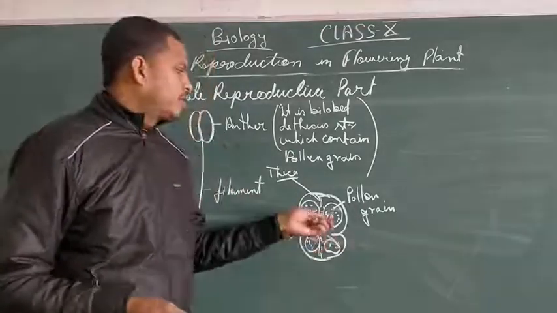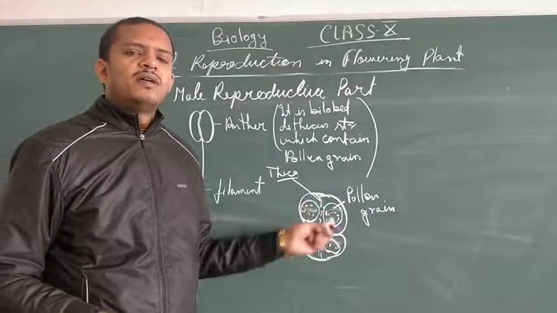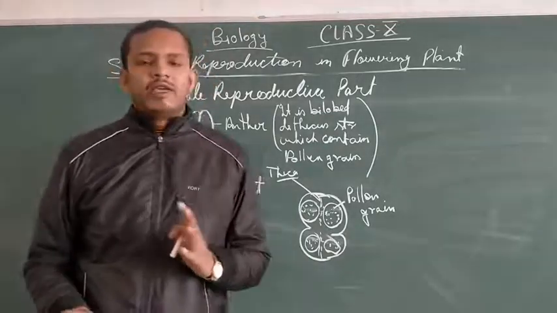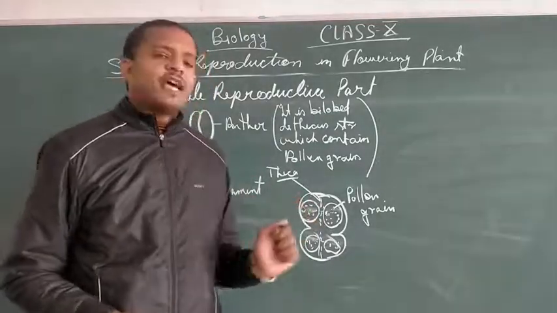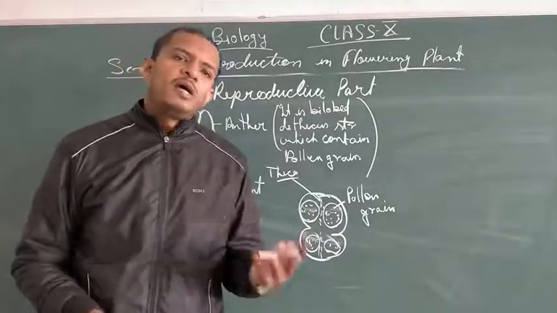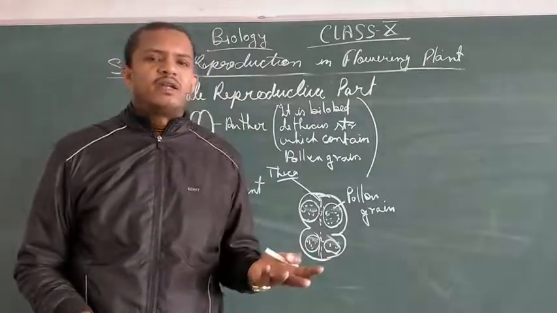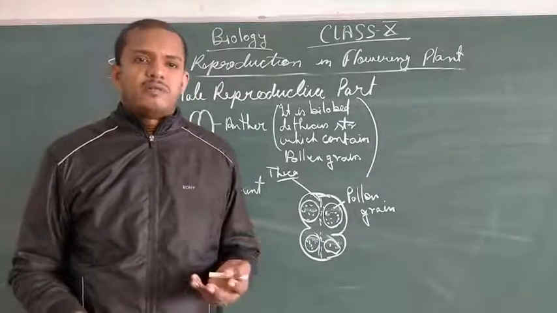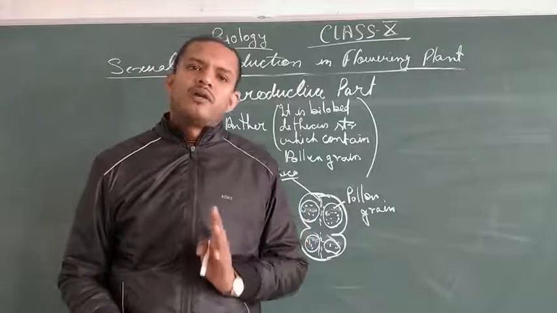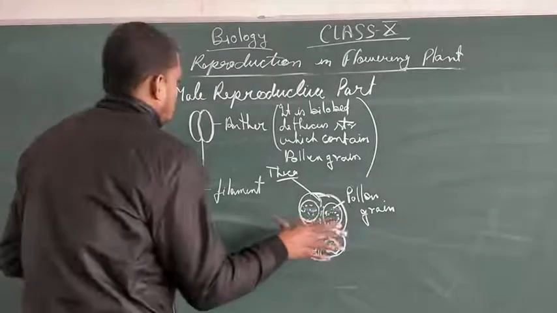With the help of different kinds of pollinating agents, they transfer from one flower to another, from the anther of one flower to the stigma of another flower, or onto the stigma of the same flower, and cause fertilization and reproduction. So this is the anther.